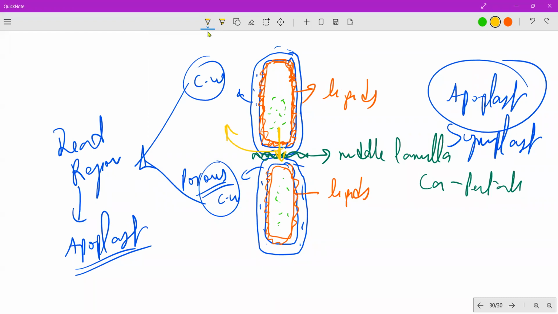मतलब this is called efflux. And then oxygen has to enter. भाई इसके सेल वॉल में आ गया, सेकंड सेल के सेल वॉल में आ गया. Then it has to cross the plasma membrane to enter another cell. प्लाज्मा मेम्ब्रेन को क्रॉस करना पड़ेगा तभी दूसरी सेल में एंट्री मारेगा.